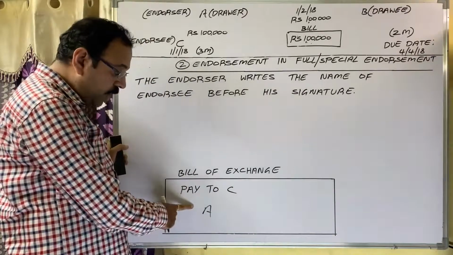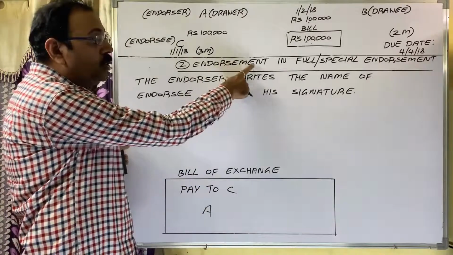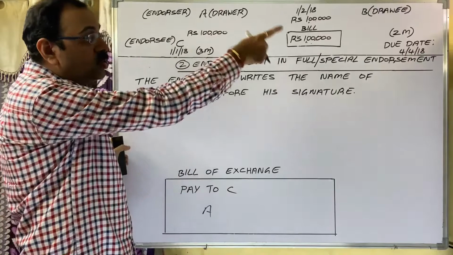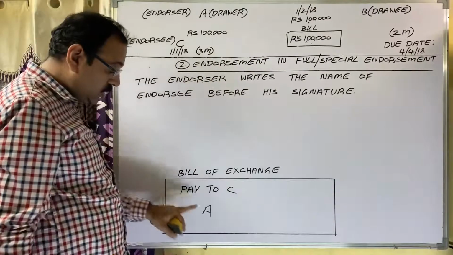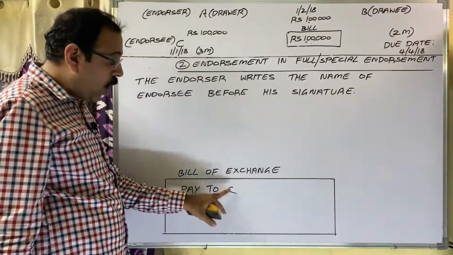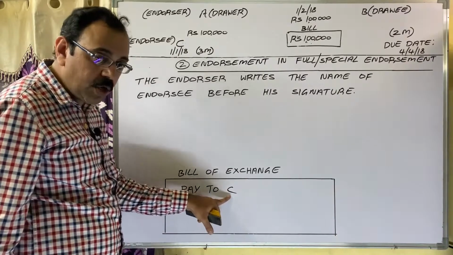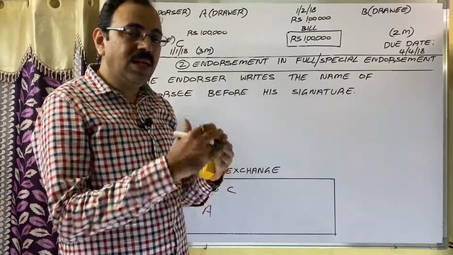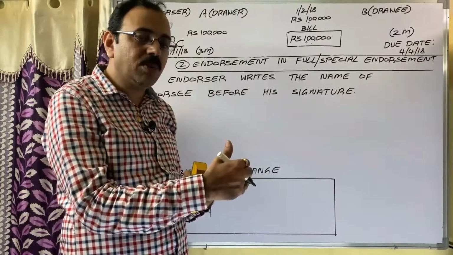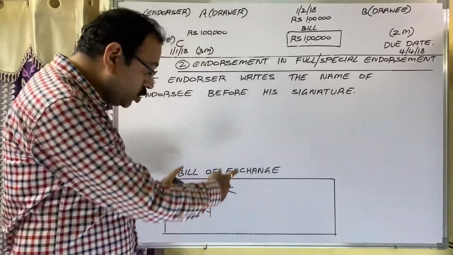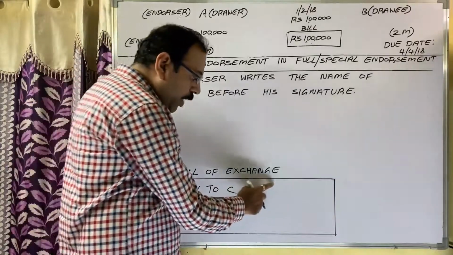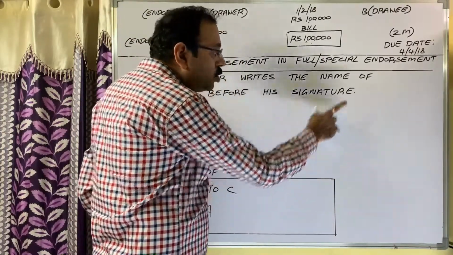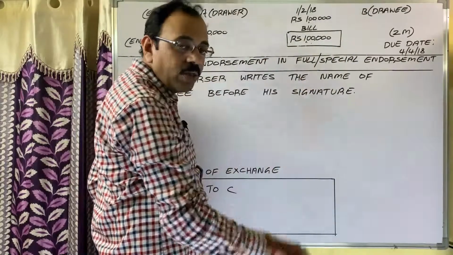Now this type of endorsement is known as endorsement in full. Now on the due date, who goes to B to collect the money? C. And on the bill, C's name is mentioned, no. So B pays money to C only. And C, if he wants to endorse that bill to another person, does the same. So pay to D, C's signature. Then D goes to B to collect the money on the due date.